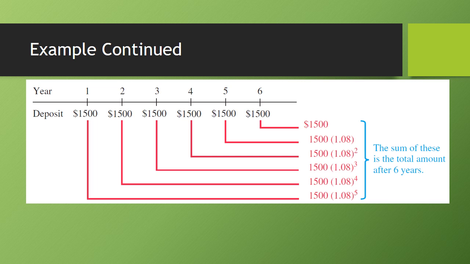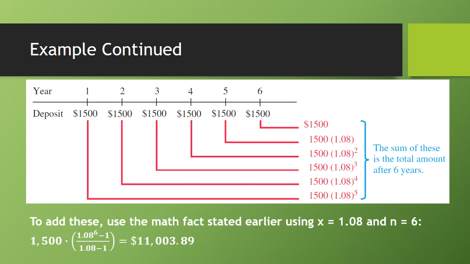And that's how it relates back to that math fact that we mentioned at the beginning. So we're going to use that math fact to calculate the amount of money here. It's $1,500 because that's how much you're depositing each year, and then we're using our little formula, 1.08 to the 6th minus 1 over 1.08 minus 1, and we get $11,003.89.